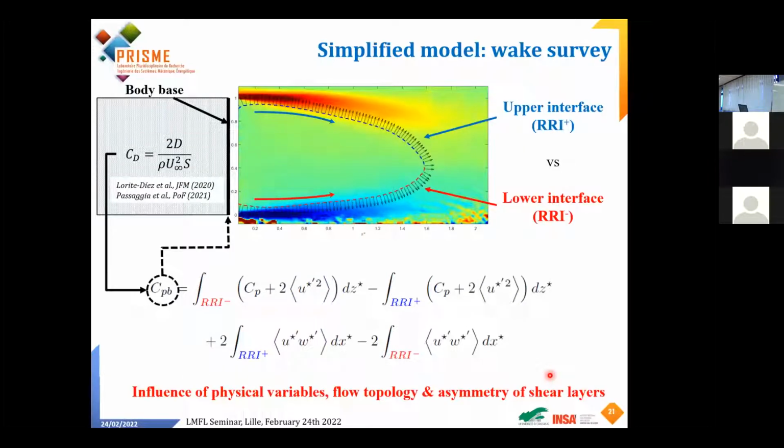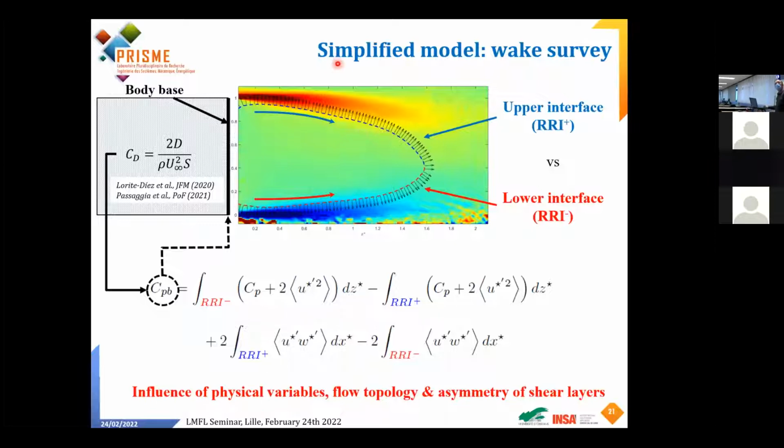Okay, let's continue. I will do another thing here. I will decompose my interface into two interfaces: an upper one, which I will call RRI plus, and a lower one, which I will call RRI minus. We have seen that it looks very symmetric in that graph, but looking at the upper part and the lower part, I will see if there is any asymmetry due to this choice.